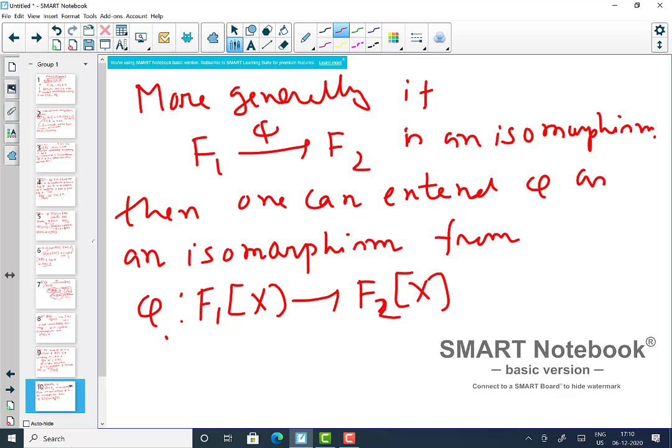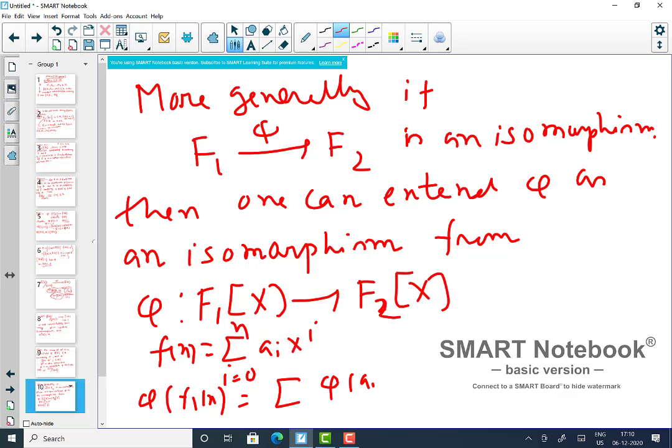How? If you choose a polynomial f(x), say the sum of a_i x^i for i equal to 0 to n, you map it to the polynomial sum of phi(a_i) x^i for i equal to 0 to n. You know that phi is a map from F1 to F2, so phi(a_i) is an element of F2, and this will be a polynomial inside F2[x].